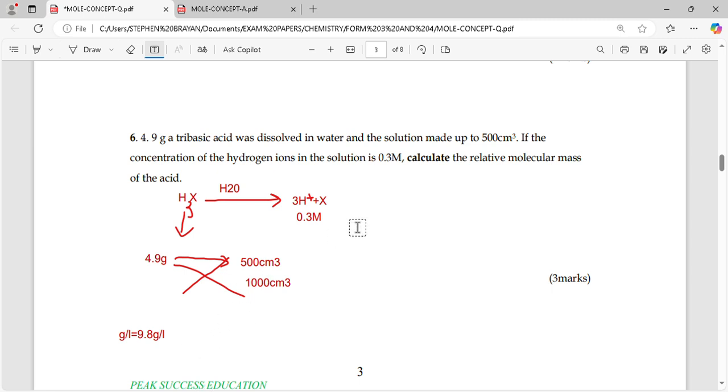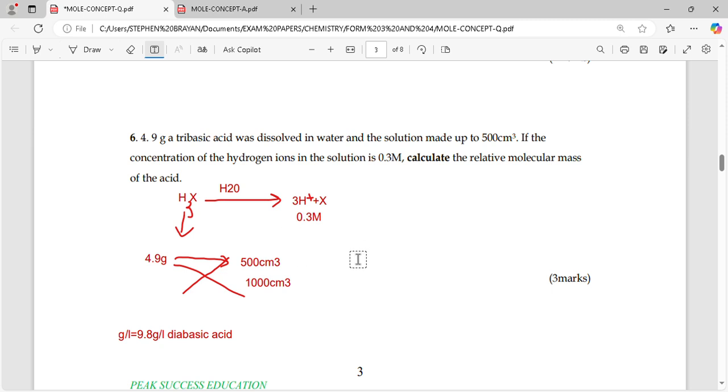Okay, so we have our grams per liter. And remember, we want to calculate the relative molecular mass of this dibasic acid. Remember, this is grams per liter of the dibasic acid. Now, we only have the concentration of the hydrogen ions, which is 0.3.